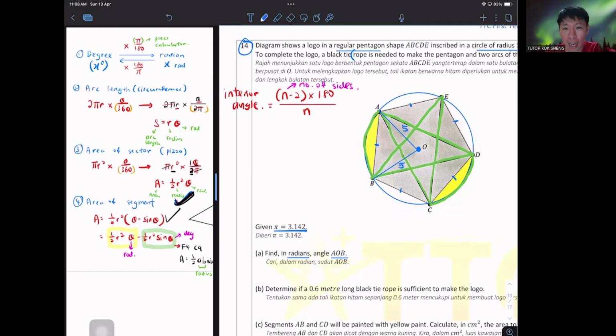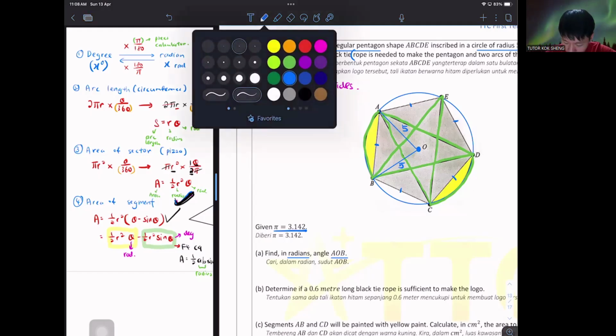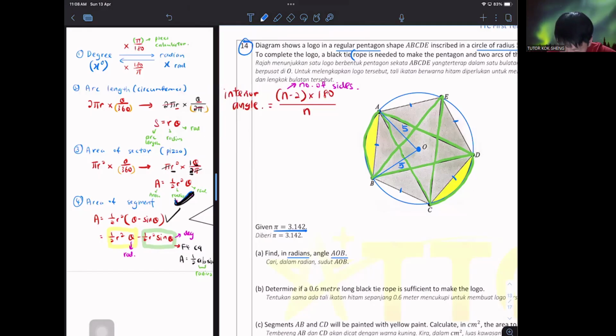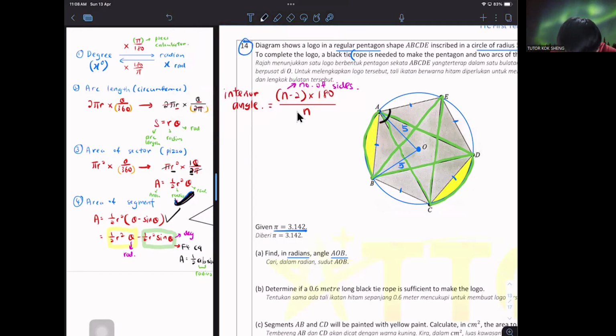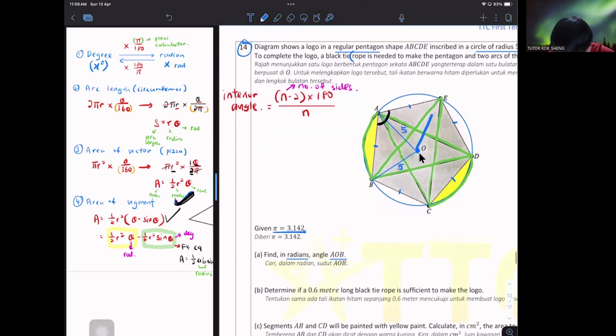Okay, so to find the angle here, back to this one, the interior angle. Because after you know the interior angle for the pentagon, which is over here, this blue color line that I draw here will cut it into half. Same thing for the rest.